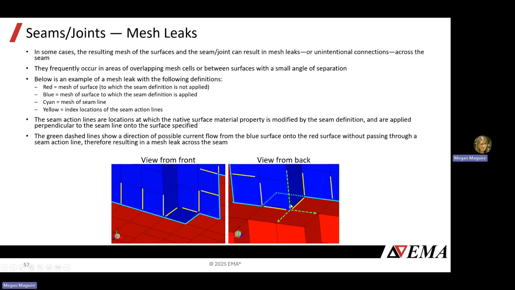But if you look at it from the back, you can see that actually it's not. So based on the mesh, there's some overlap in the skin mesh and the rib mesh that allows current to flow from the rib onto the skin without having to go through one of those action lines. So that's one of the things that you want to keep in mind: just because you apply a seam doesn't necessarily mean that the mesh is working out how you want it to.